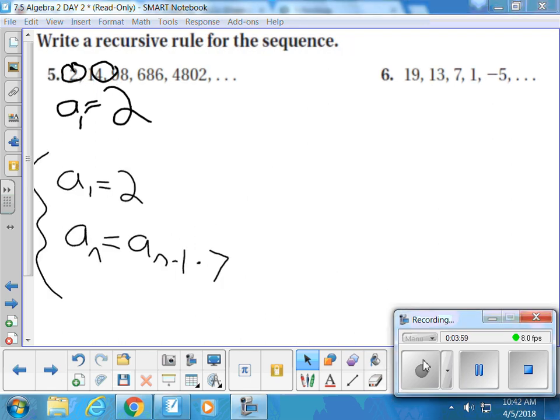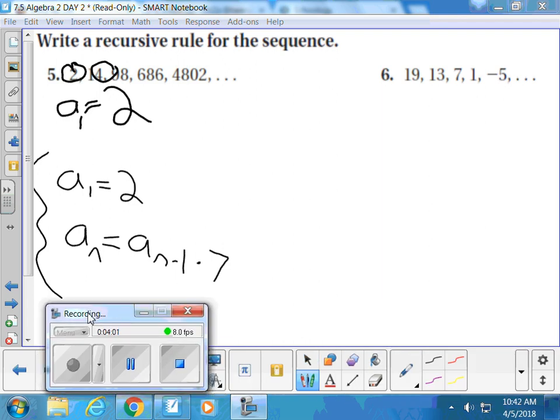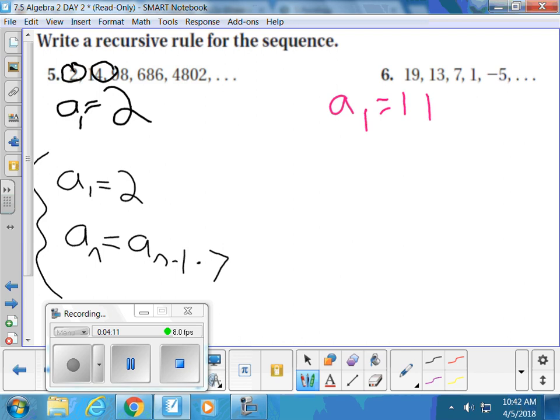Alright, so this is Mr. Doc here going to teach you number 6. So first find your A1, which is 19. And then, this one is obviously subtracting by a constant, which is 6.